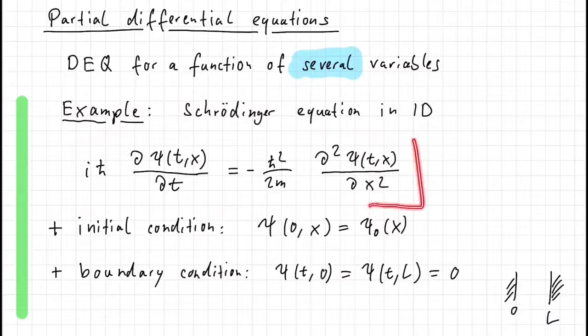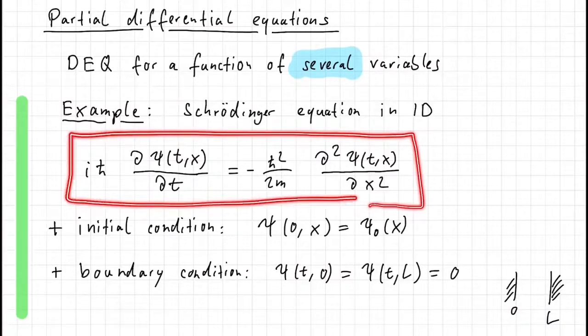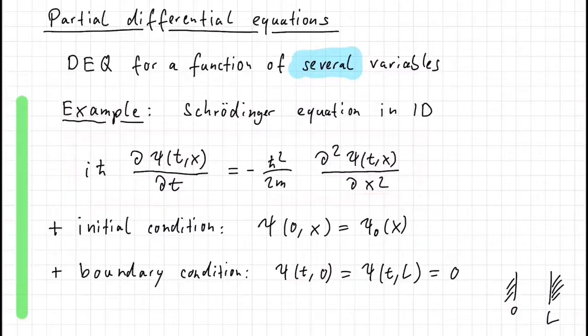Here I show you a partial differential equation that you get when you consider the movement of a quantum mechanical particle in one dimension. So this is the so-called Schrödinger equation in 1D.